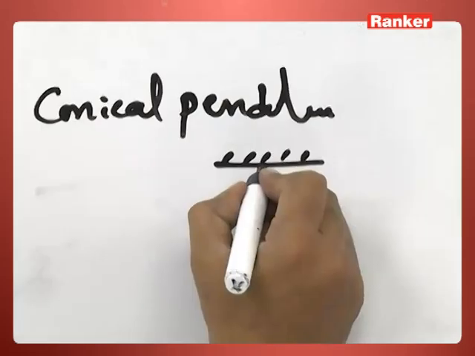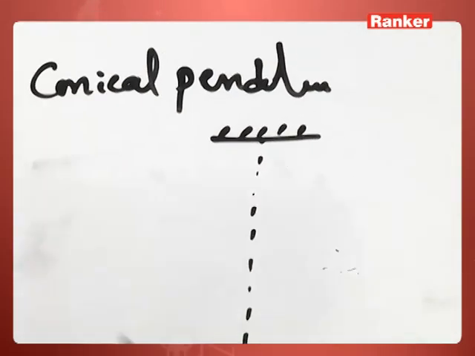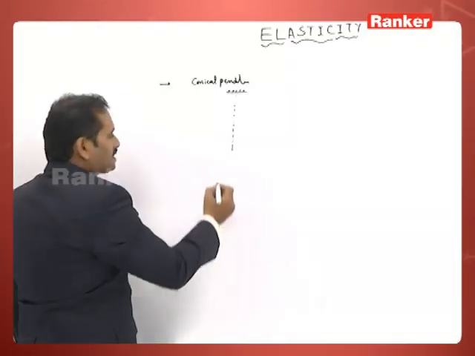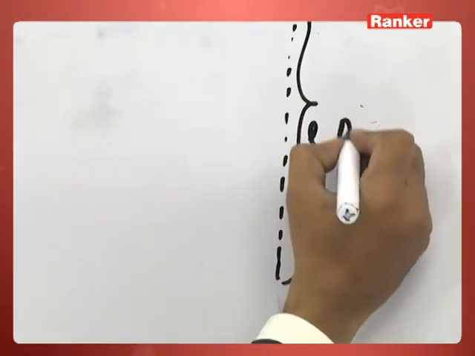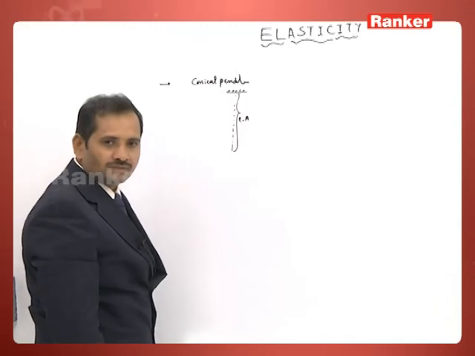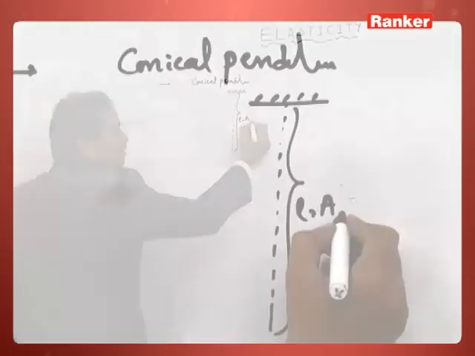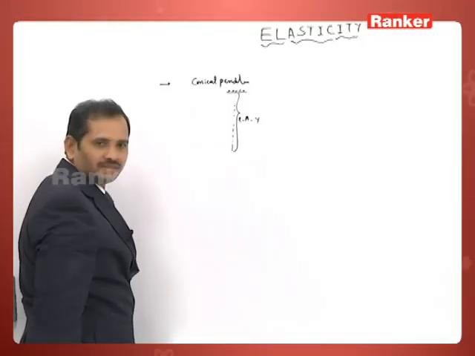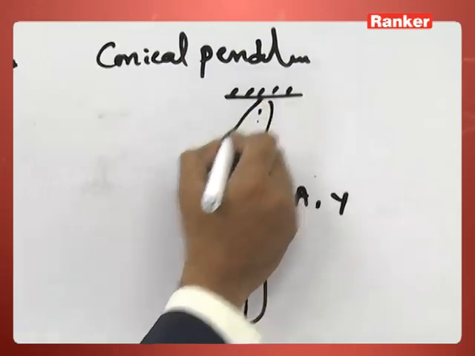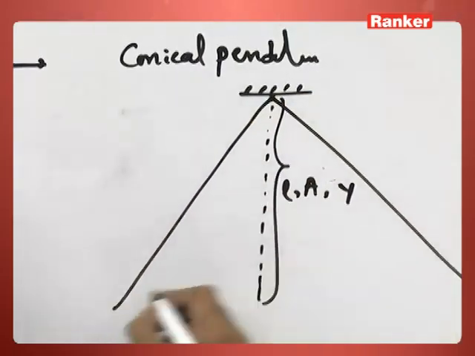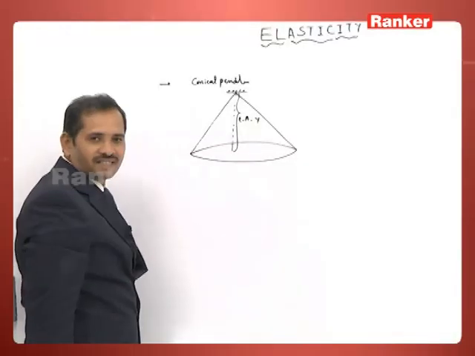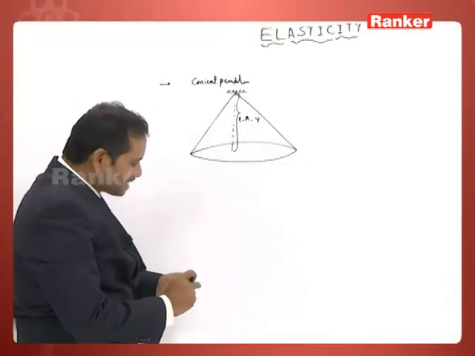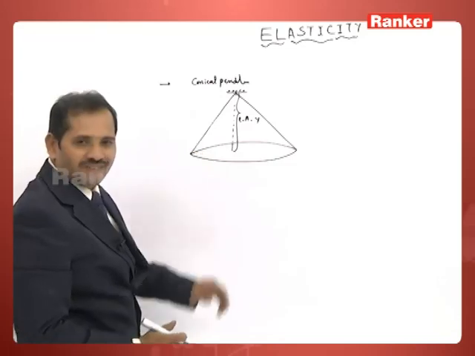Now look at it: a string of length L, area of cross section A, having Young's modulus Y, forming a horizontal circle like this. They can ask us, what is the extension in the wire?